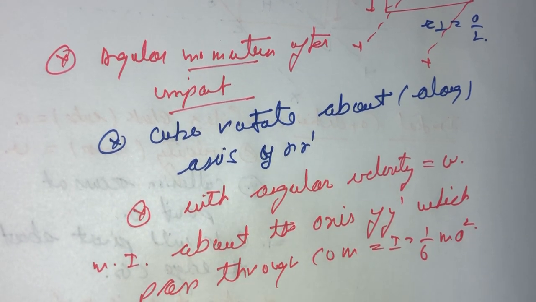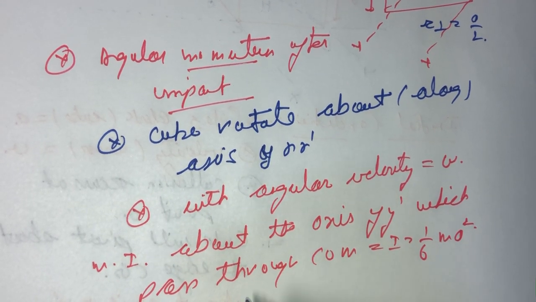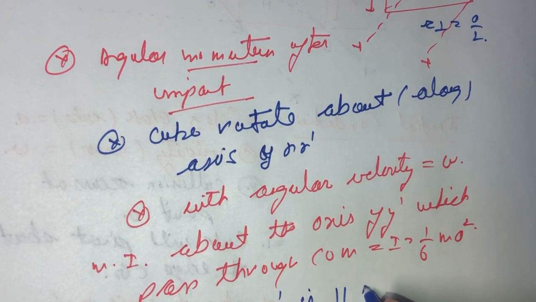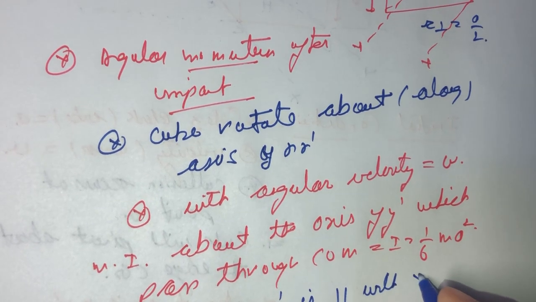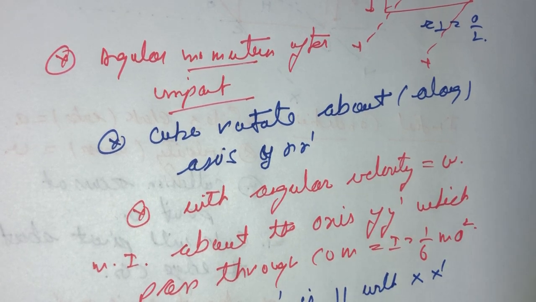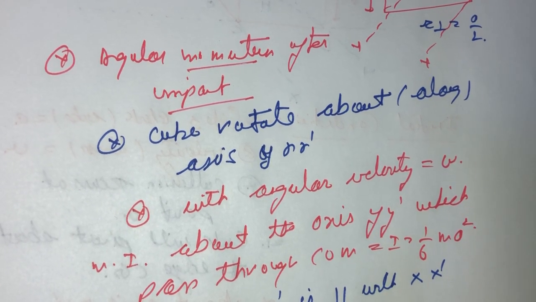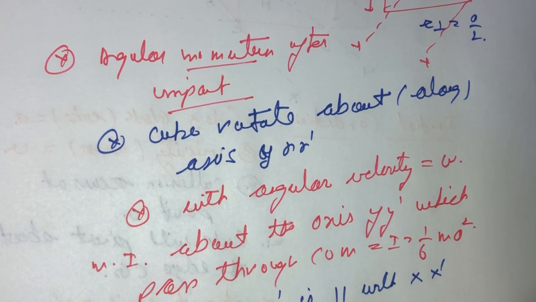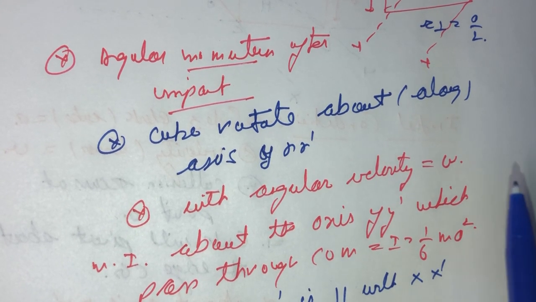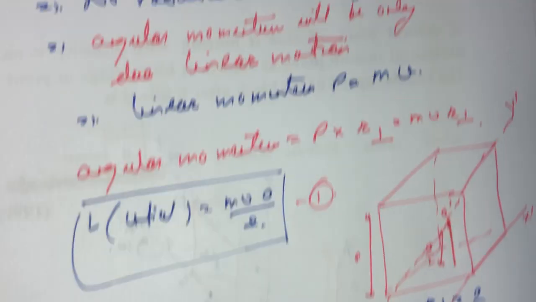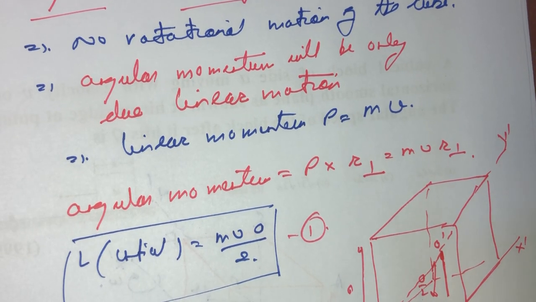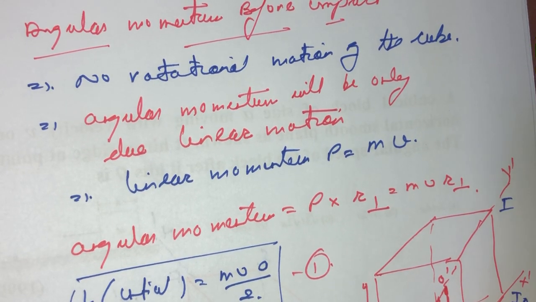So axis y prime is parallel with x prime. Therefore we can use the parallel axis theorem in order to find out the moment of inertia along x prime. Okay, and we say the moment of inertia along x prime is given as I naught, and this we already know is given as I.